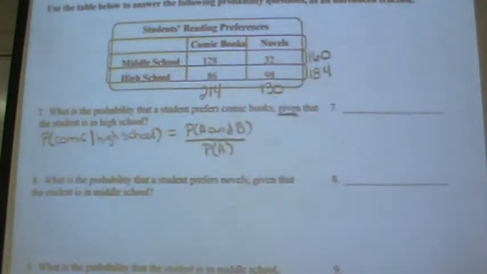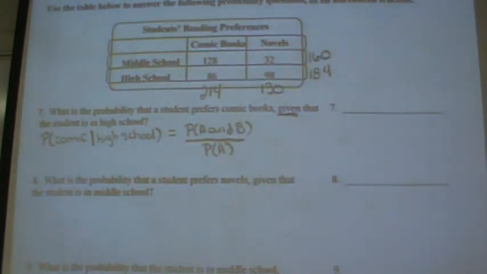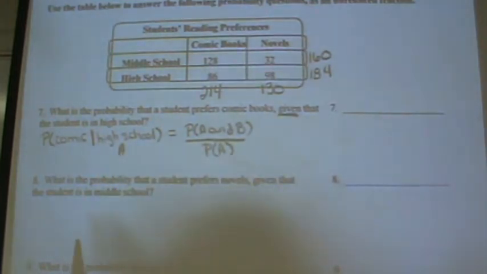So for these, we write it as the probability of event A and B divided by the probability of A. Remember that A is the probability that we're given. Event A is what we're given.